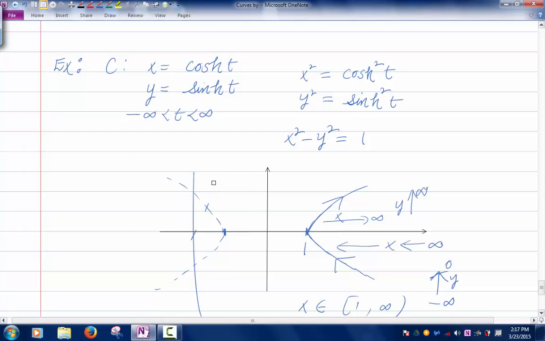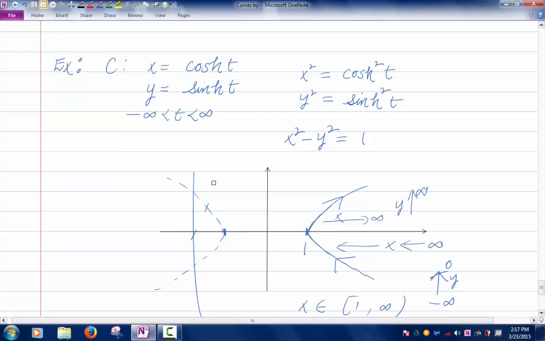Okay, first of all, the trick is similar. In order to get an equation involving x and y by eliminating t, the idea is to square both of the equations for x and y. So what's the square of x? The square of the hyperbolic cosine. The square of y would be the square of the hyperbolic sine. So I get x squared is hyperbolic cosine squared t, and y squared is hyperbolic sine squared of t.